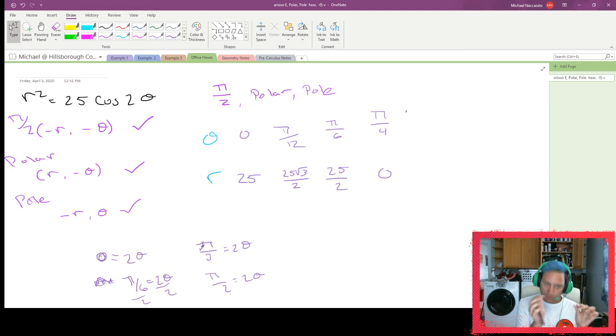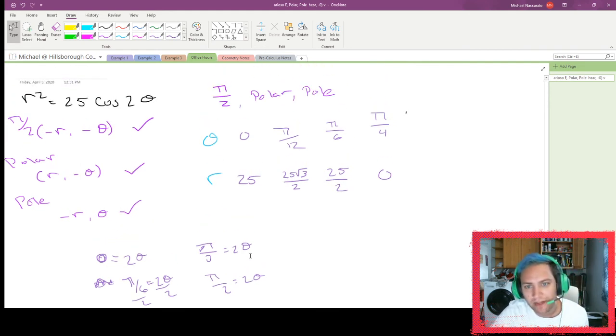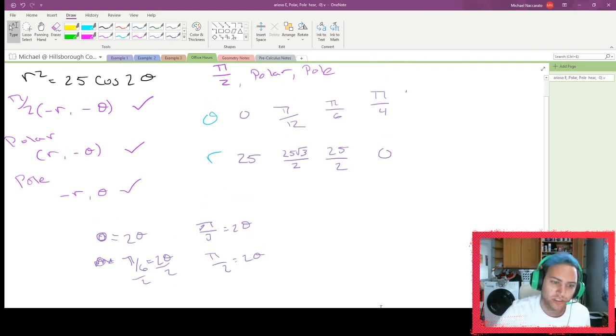So just using the numbers from quadrant 1 really only gave us half of quadrant 1. So we also have to do the other half of quadrant 1, which means that we just think about quadrant 2, right? The next thing in quadrant 2 that we would hit would be 2 pi over 3. So 2 pi over 3 equals 2 theta, at 2 pi over 6, which would just be pi over 3, right? So we're going to plug in pi over 3 next.